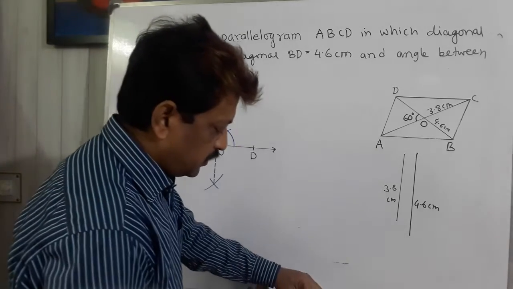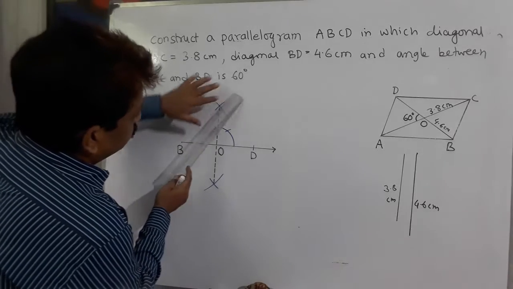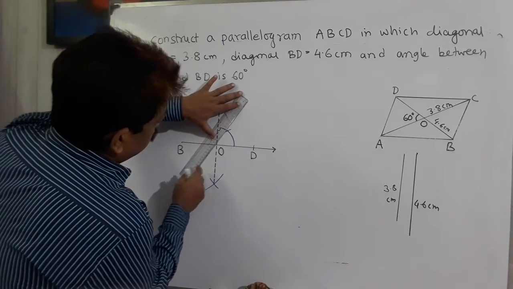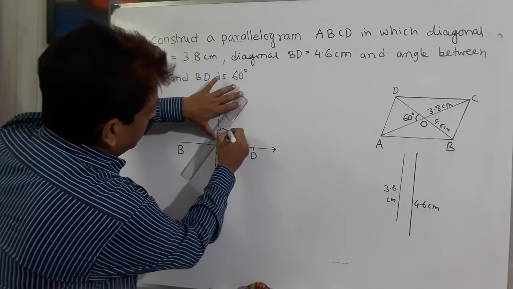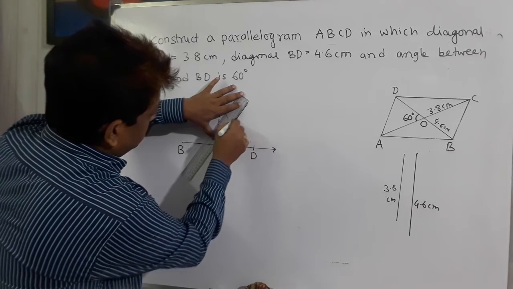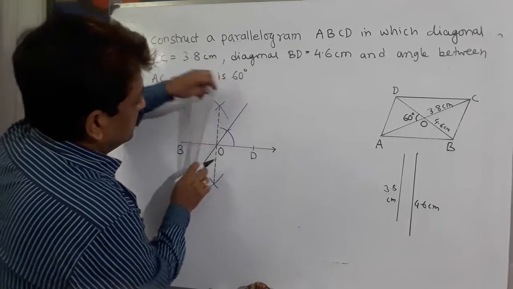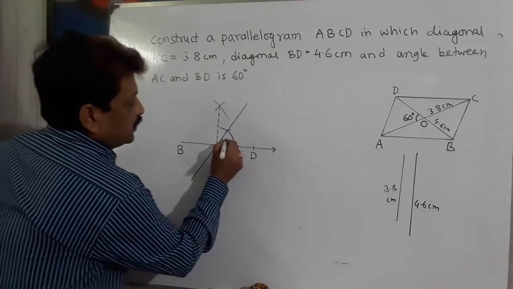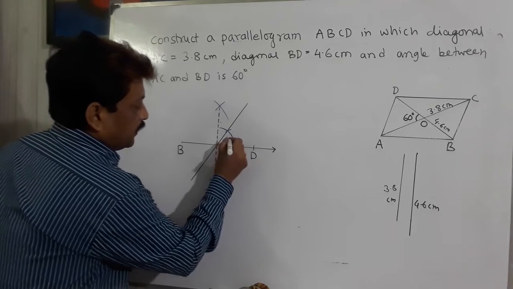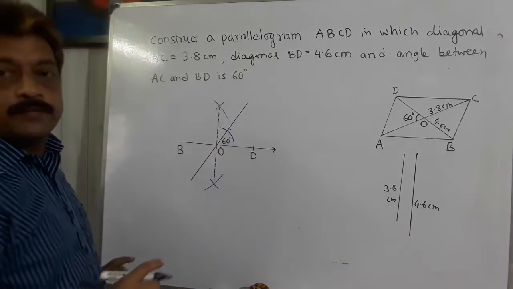So this is 60 as you all know. So the point O and this point of intersection will be joined together. So this is 60 and the diagonal AC will lie on this line.